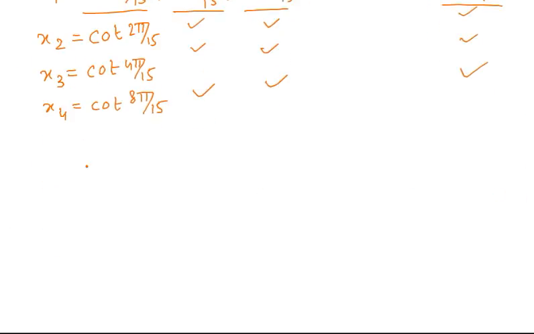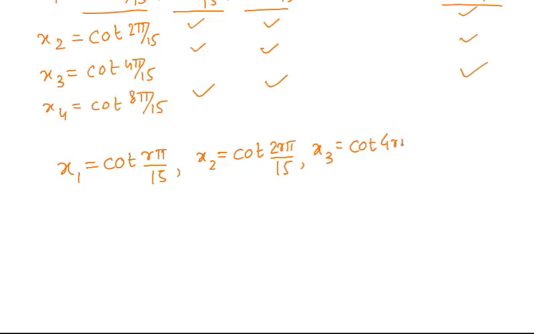So finally, in a nutshell, the solution is x1 equal to cot r pi by 15, x2 equal to cot 2r pi by 15, x3 equal to cot 4r pi by 15, and x4 equal to cot 8r pi by 15, where r is a natural number starting from 1 up to 15. So this will be the final answer.